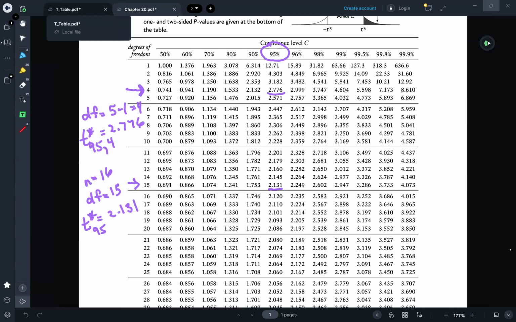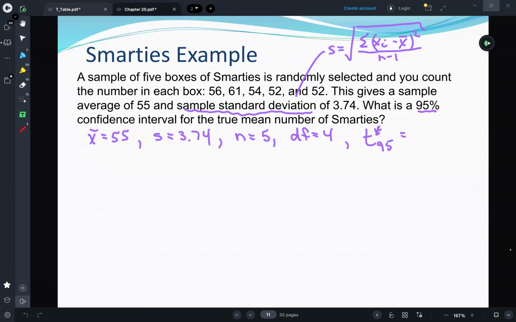Because I take the row. I'm going to take the degrees of freedom is right here. And I'm taking that row 4. And I go across and get the tabulation there. It's 2.776. And we go back. That's going to be 2.776. And now we just need our formula for the confidence interval.